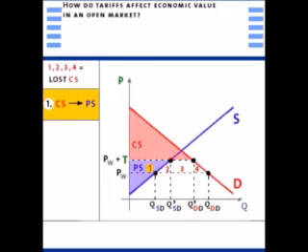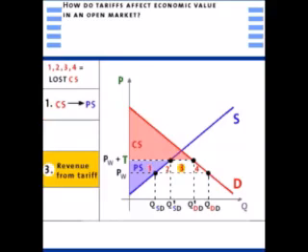In addition, this area, what we called Area 3, is the revenue that the government raises from the tariff. This area consists of a height, and the height is the amount of the tariff, which was added on to the world price. So here's the tariff, 10 cents per pomelo, multiplied by the number of pomelos that are imported.